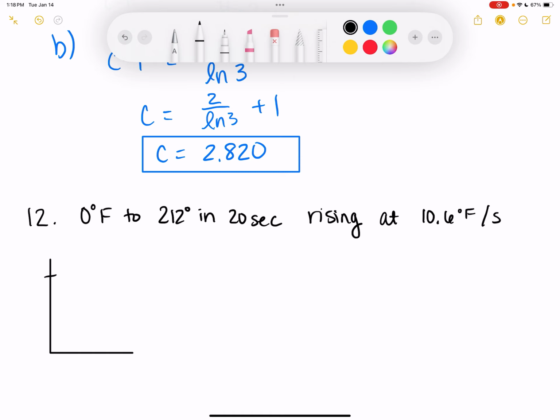So basically down here I've got the time in seconds. It's going from 0 to 20. Over here I've got degrees Fahrenheit. And this would be 212 degrees. So we're ultimately trying to get to this point here.